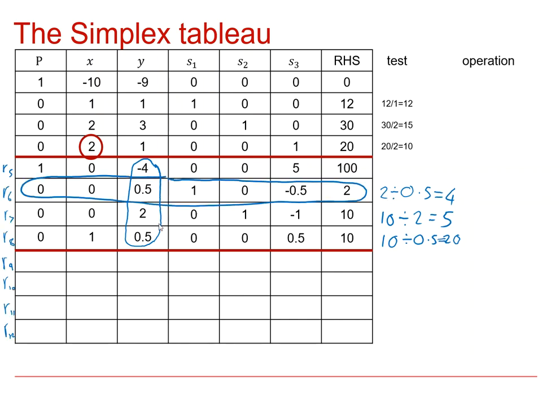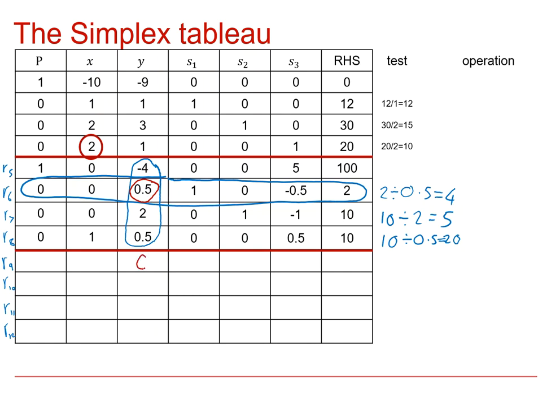And now remember that what we need to do when we go to the next iteration is we want this pivot column to become what we're now going to be referring to as a basic variable. So we're going to have all zeros and a single 1, corresponding to the pivot element.